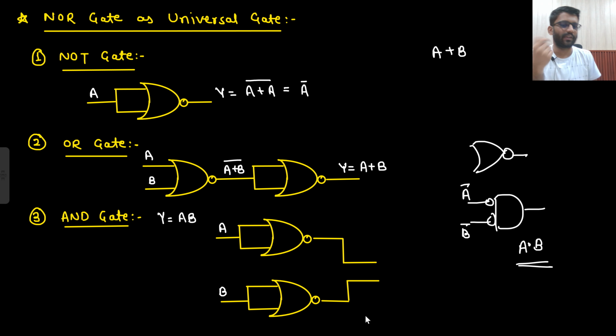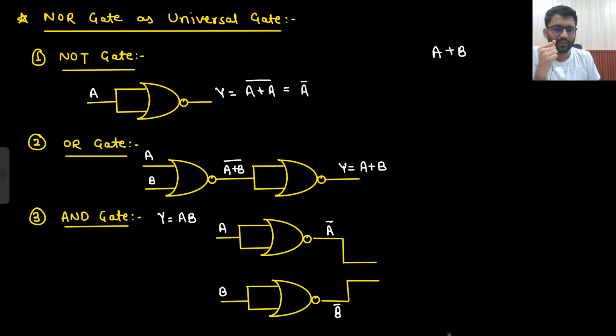So AB, this is what I am getting. So here I am just replacing this structure. This is your A bar and this is your B bar. Bar of A bar is A, bar of B bar will be B, A into B will be AB. So better I need to show with the same structure only. So that's how I will show it.